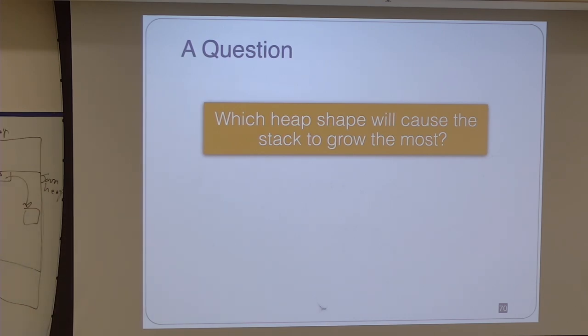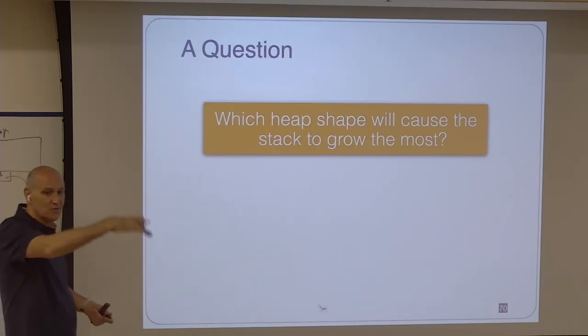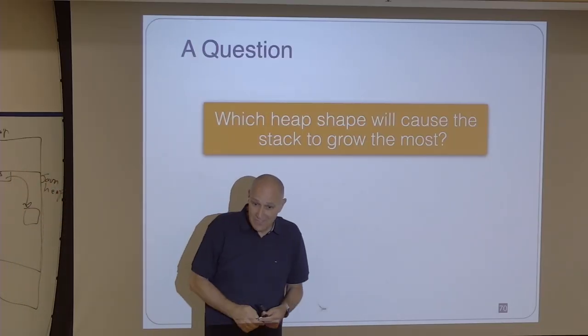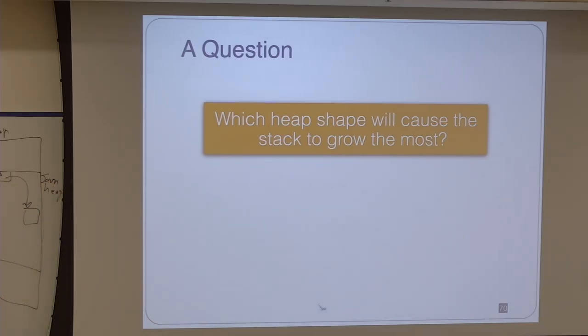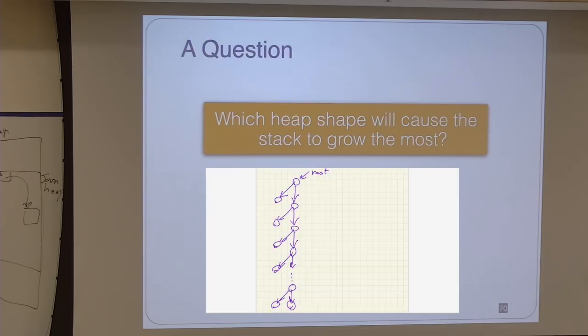A binary tree can only have depth log n, so this will make the stack at most log n. Maybe add another node to each. Cool, yes, exactly. If I add another node to each level, what will happen is I pop one, I push these two, and if I do it in the wrong order, I will leave this forever and pop this.